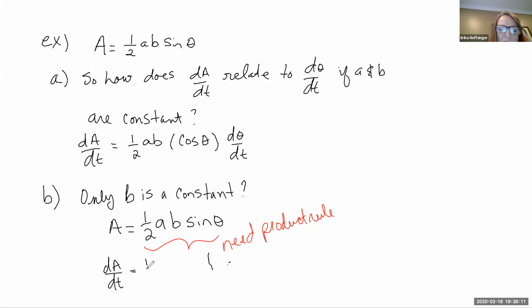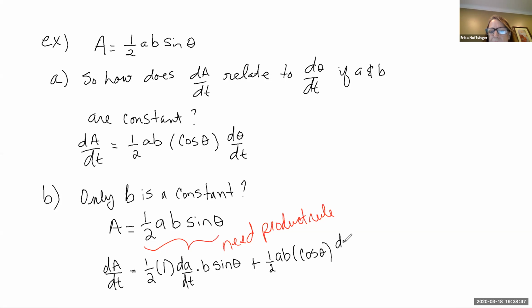So I have 1/2 times 1 dA dt times B times sine theta plus, so I have 1/2 AB times the derivative of sine theta, which is cosine theta, d theta dt.